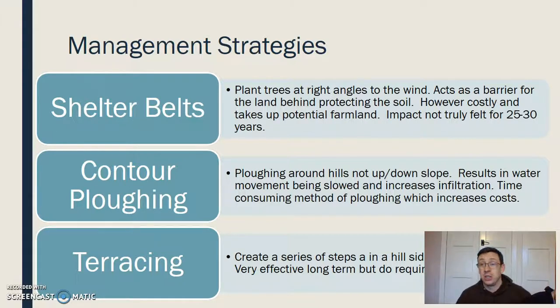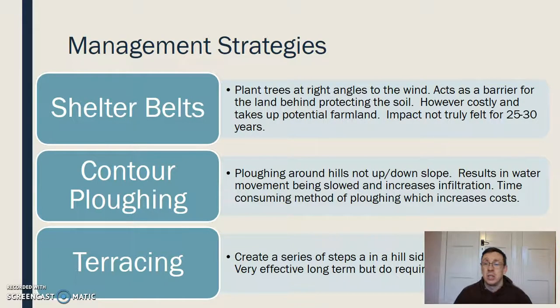What was tried to be done about this, and this is where one of your exam style questions would come in: how has this rural land degradation been managed? We've tried a few different strategies, and these are just examples. There are more. Putting in place shelter belts.